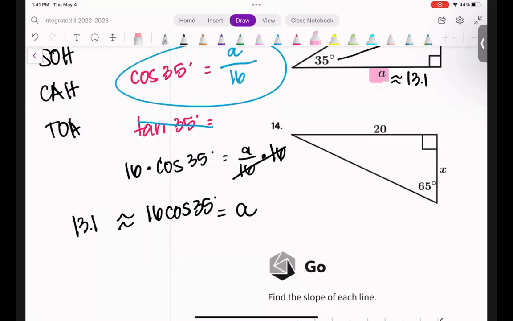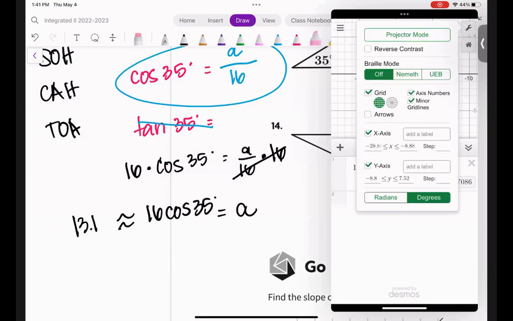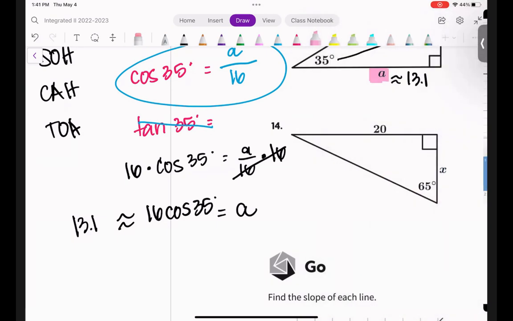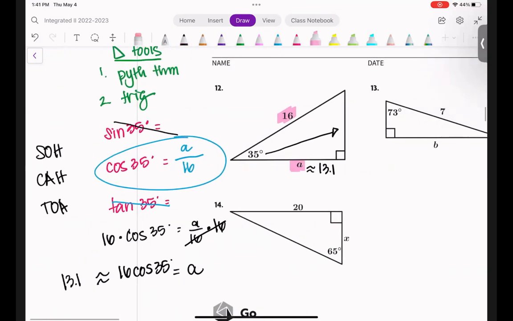Whenever you use a calculator, make sure that your mode is in degree, and you should be able to come up with the correct answer every single time. Look at this: where is the place that you're going to make a mistake? Walk very carefully around that until you're comfortable doing this over and over again.